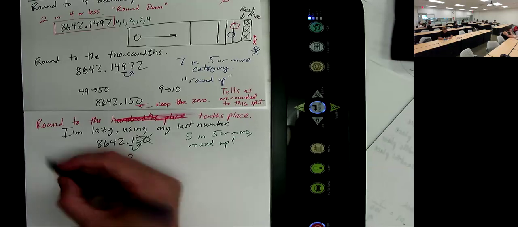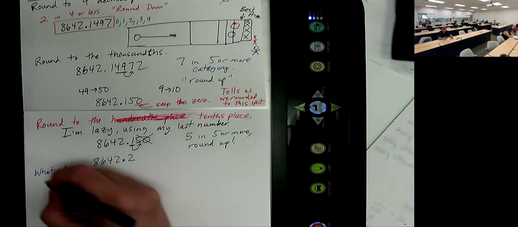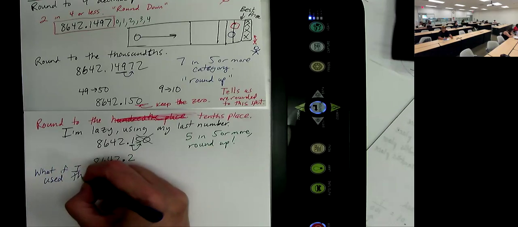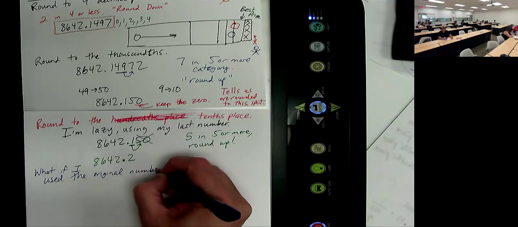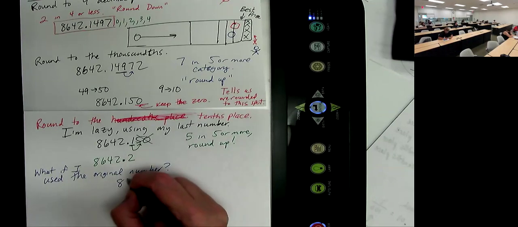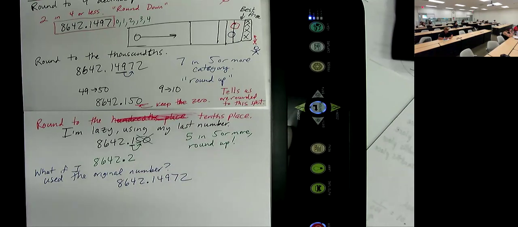What if I use the original number? Eight six four two point 14972. What number do I get if I round there?